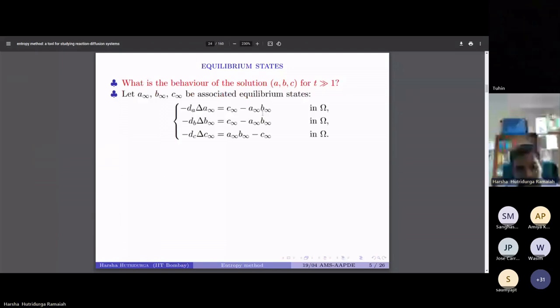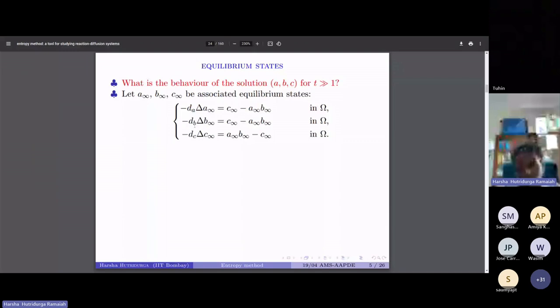Okay. So we will first write down what the equilibrium state has to satisfy. So blindly speaking, you can just drop the time derivative terms and you look for solutions to this system here. Okay, so we are trying to find A infinity, B infinity, and C infinity, which solves this system of equations.